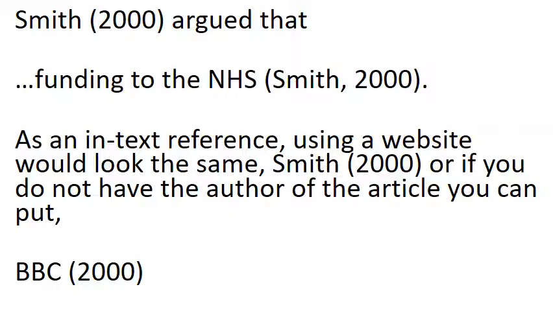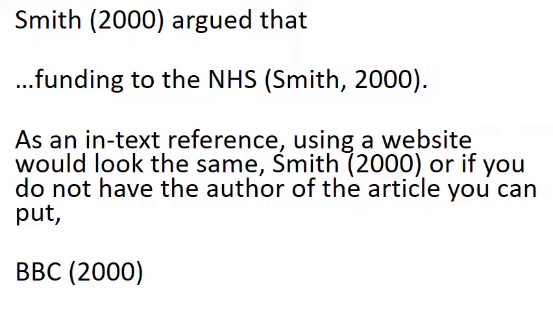So let's just imagine there is a BBC News article by this writer called John Smith, and it will look like Smith 2000 unless you don't know the name of the author.